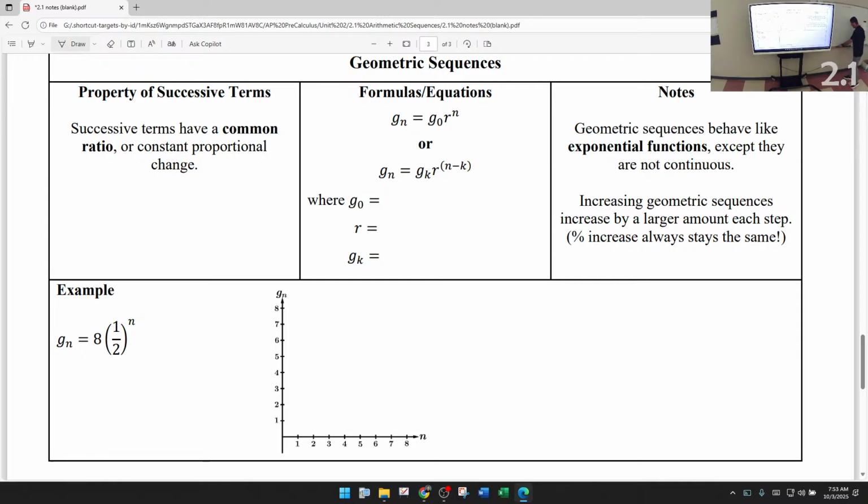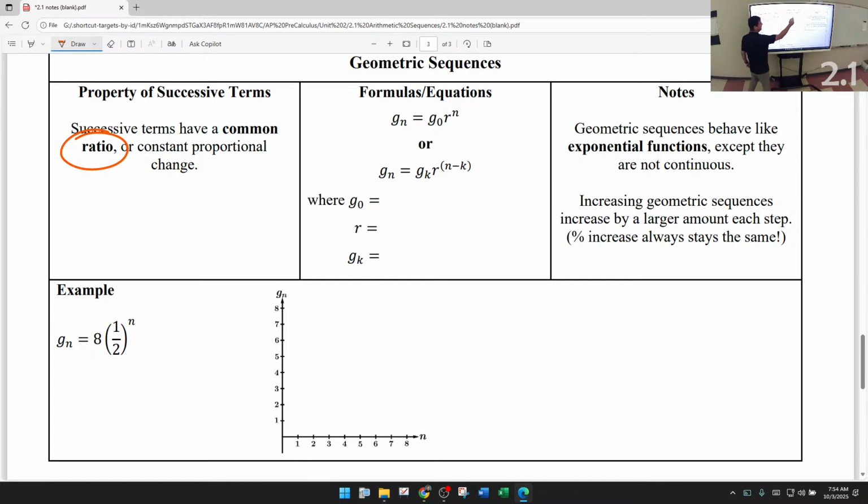In an exponential, they don't have a common difference, they have a common ratio. So you're going to be given some sequence and they're going to ask you, is it arithmetic, geometric, or neither? If it has a common difference, it's arithmetic. If it has a common ratio, it's geometric. And if it doesn't have either one, then it's neither. So it's not that difficult.